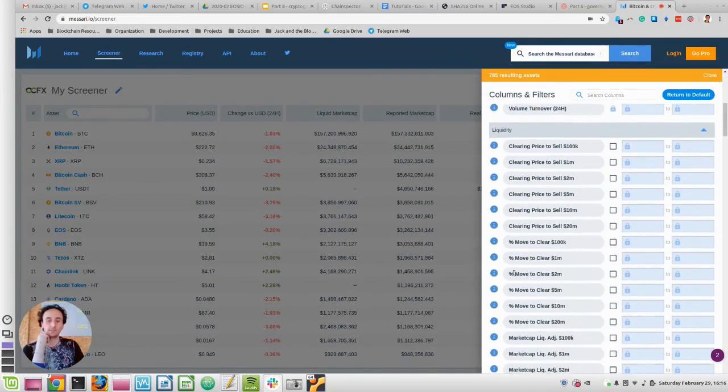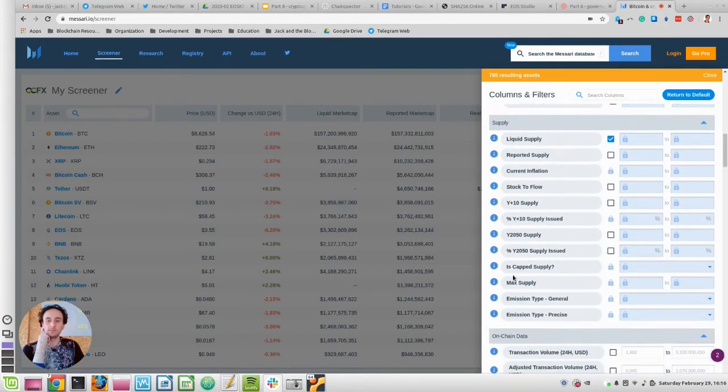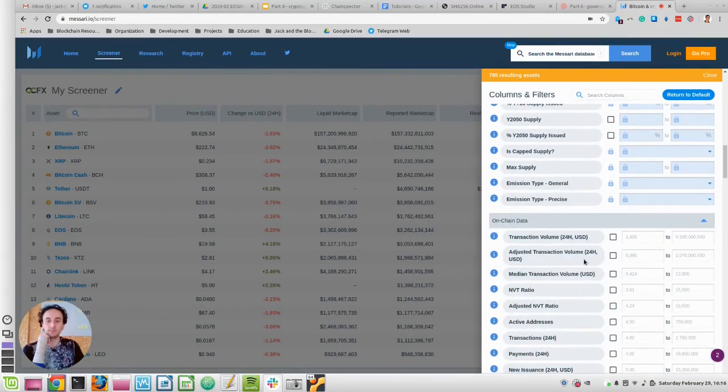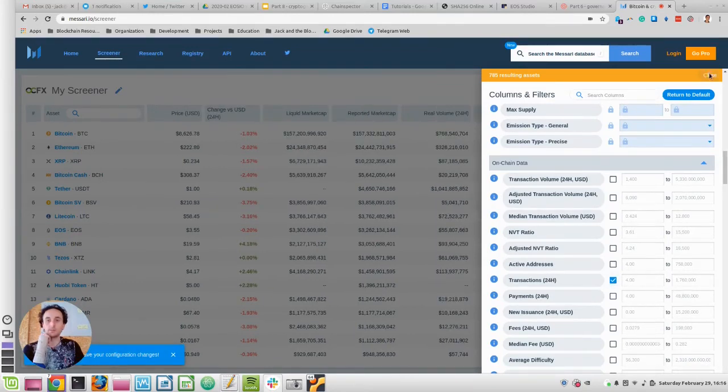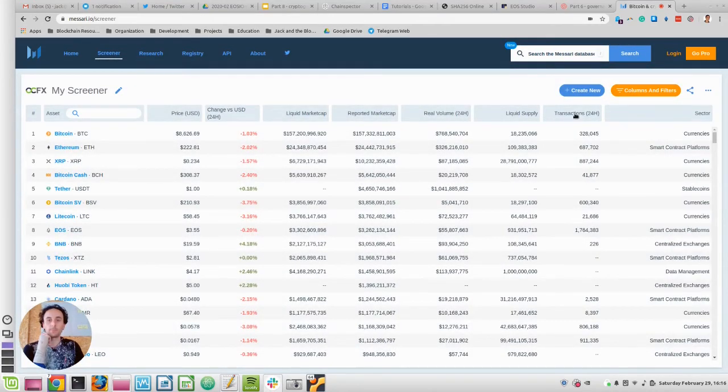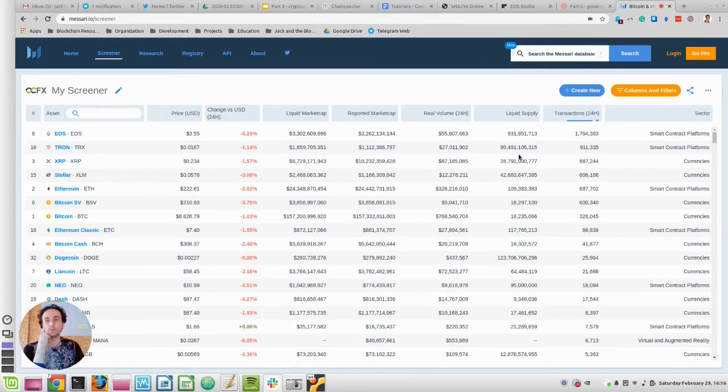They have a filter here, on-chain data, transactions 24-hour. We can see EOS here has the most transactions at a transaction level as well, with Tron next, then Ripple, then Stellar, then Ethereum.